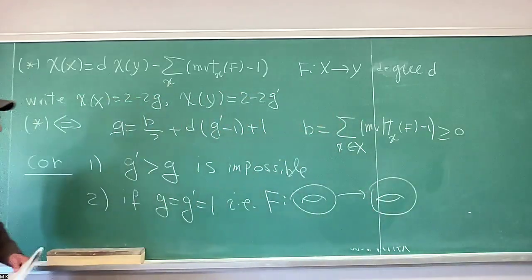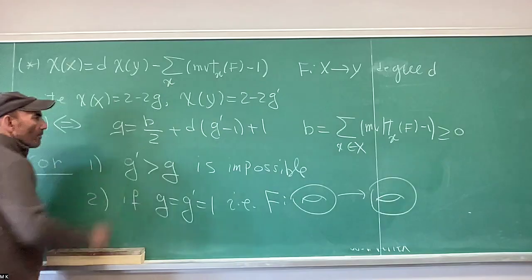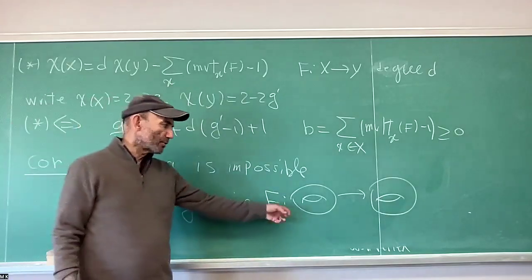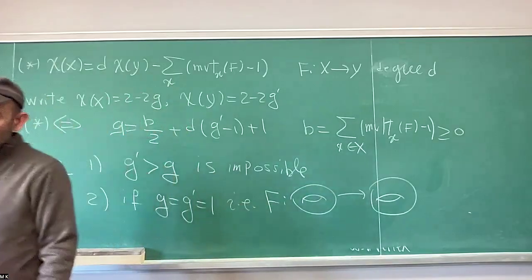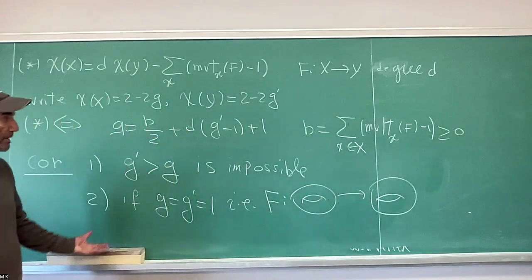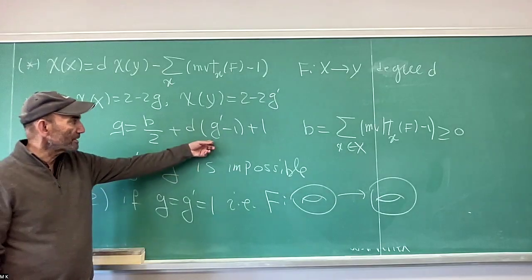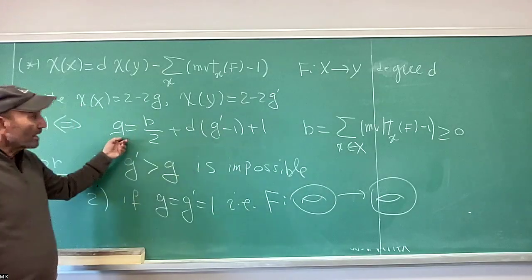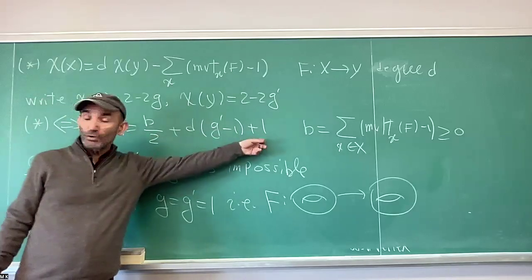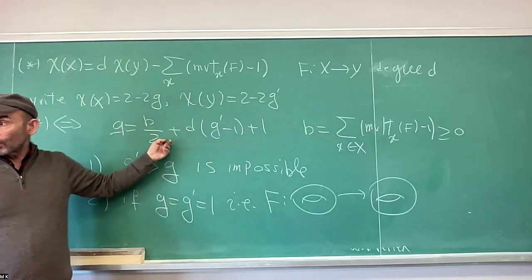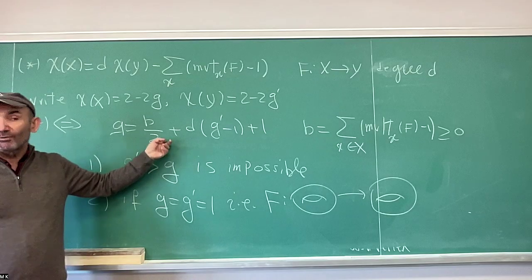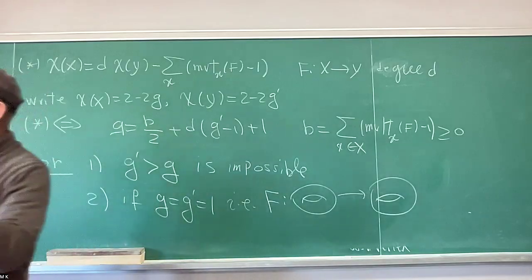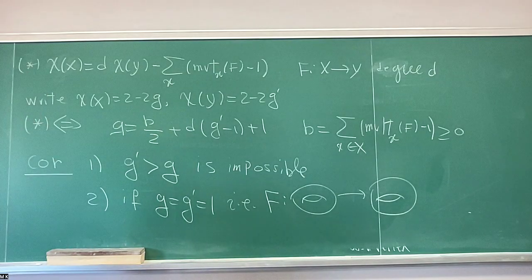Now see what happens. G and G prime are both equal to 1, so this term vanishes. This term is 1, cancels with that one. So it means that B has to be 0, which means that there are no branch points. In other words, any map from a surface of genus 1 to a surface of genus 1 is necessarily a unramified covering map. There are no ramifications.